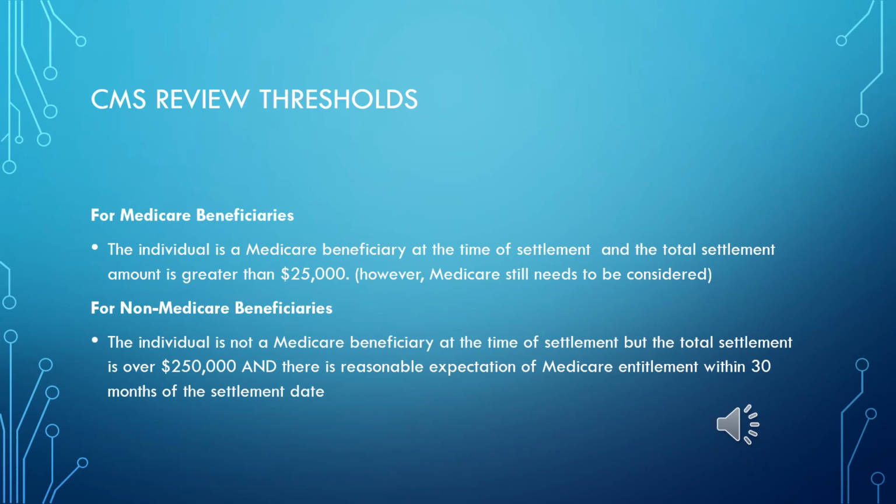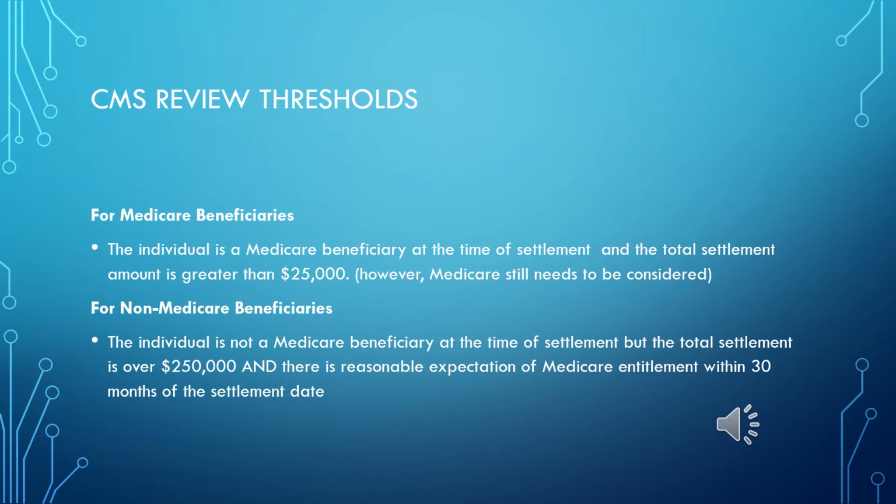So these are the CMS review thresholds. If you're a claims examiner, you need to be aware and you need to identify when you're dealing with a Medicare beneficiary. Okay. Once you identify that you have a Medicare beneficiary in your caseload, you need to ascertain whether this settlement will reach the thresholds.